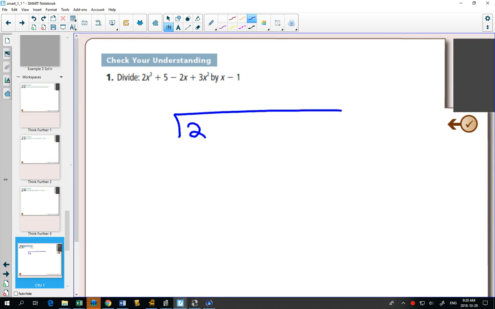Example number 1 introduces an important thing that we have to consider. Number 1, considerations. The order.